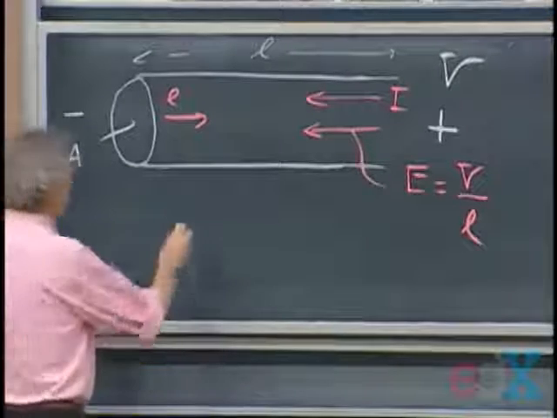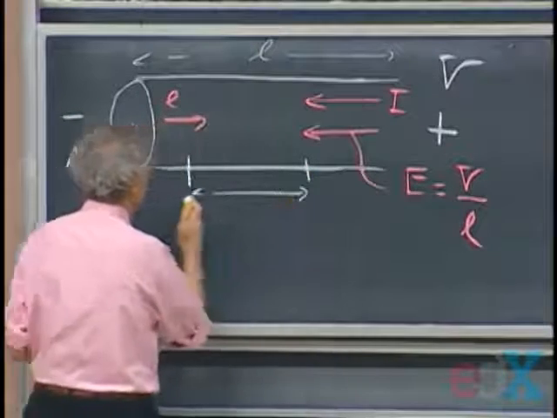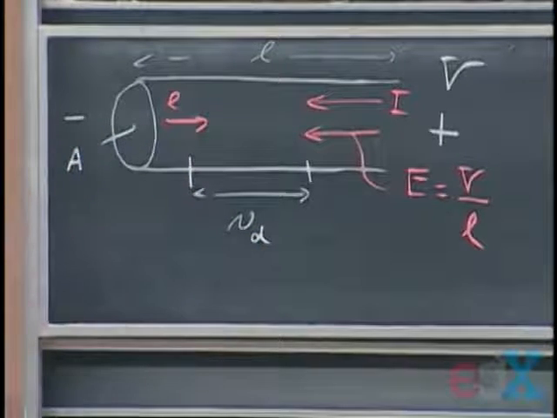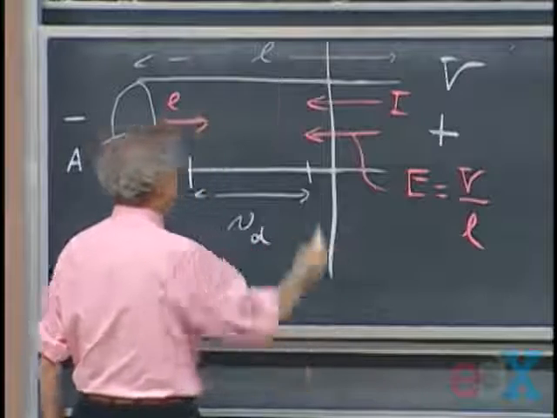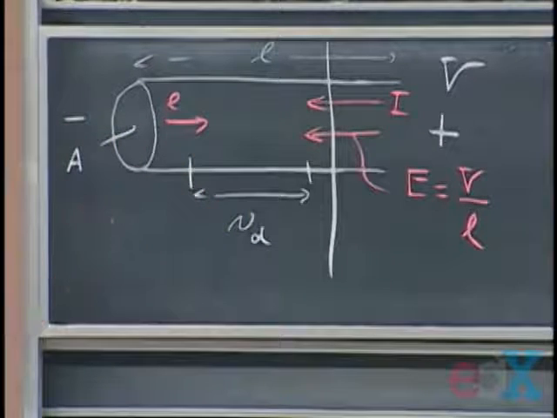In 1 second, these free electrons will move from left to right over a distance Vd meters. So if I make any cross-section through this wire, anywhere, I can calculate how many electrons pass through that cross-section in 1 second.